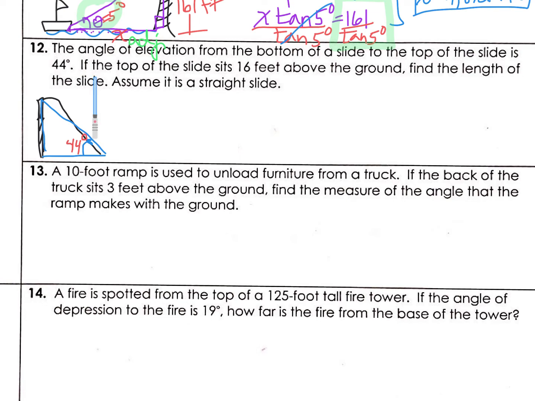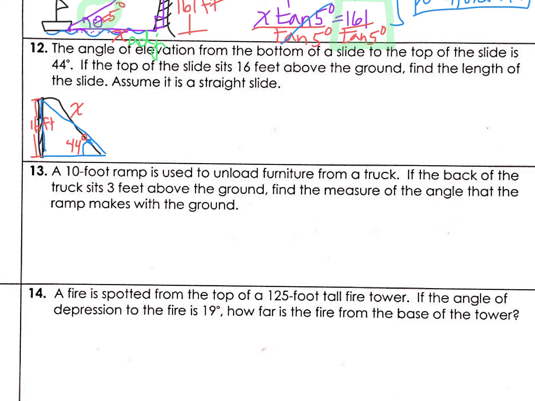And then it goes on to say if the top of the slide sits 16 feet above the ground. So the top of the slide is 16 feet. Let's squeeze that in here. From top to bottom. Find the length of the slide. So this is the length of the slide. So then your x is going to go here.